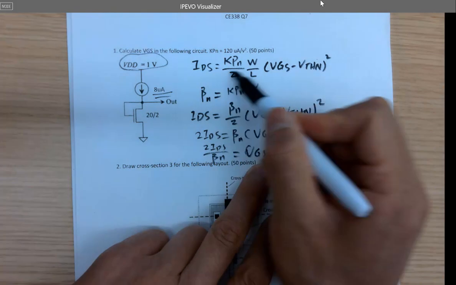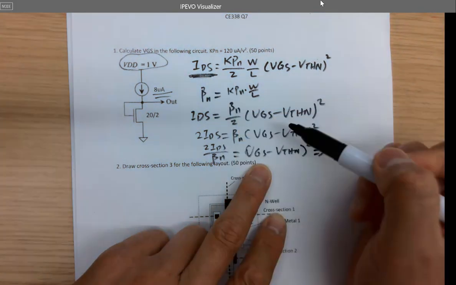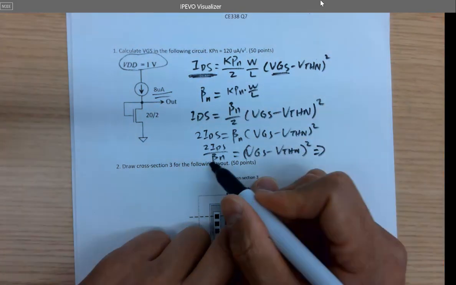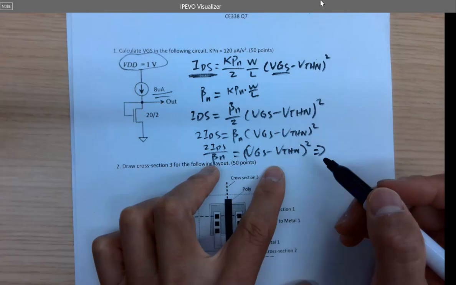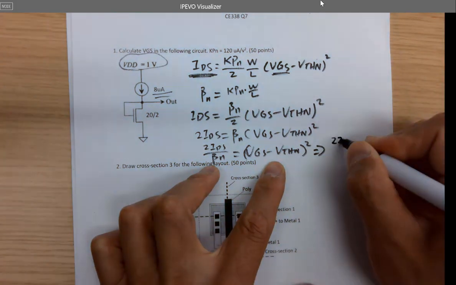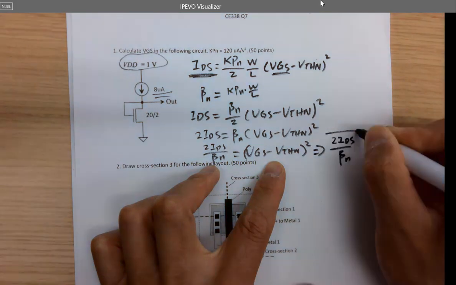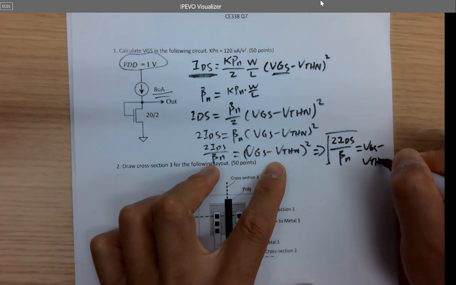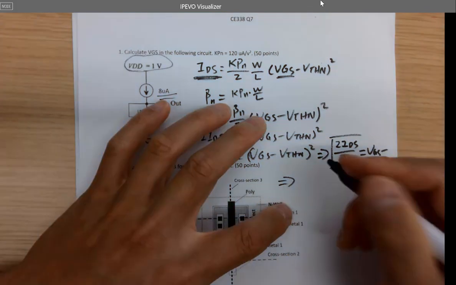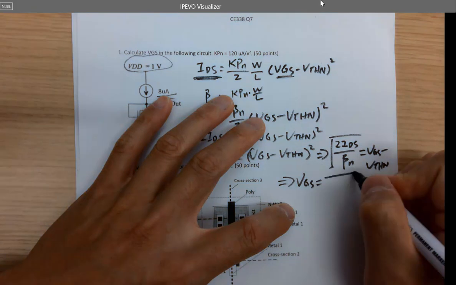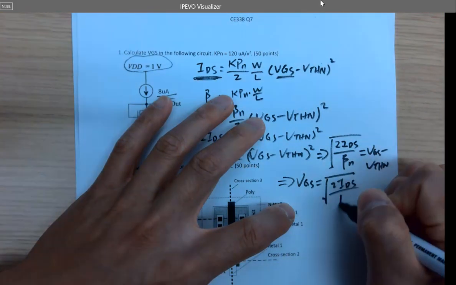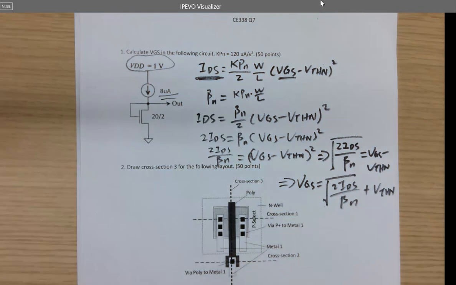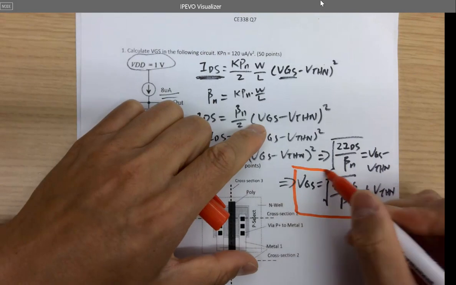See this equation, the square law equation? If you have IDS, you got a VGS. Okay, so we are here now. Square root for both sides, you're getting square root of 2 IDS over beta N. This equals VGS minus VTHN. And then VGS equals... this is actually an equation you should remember or should memorize.